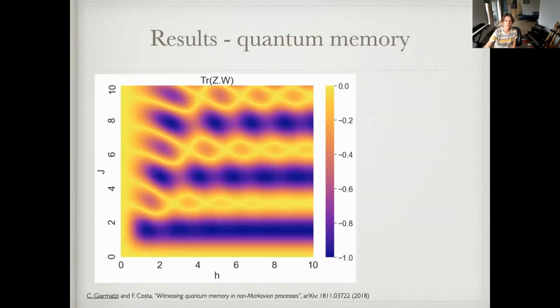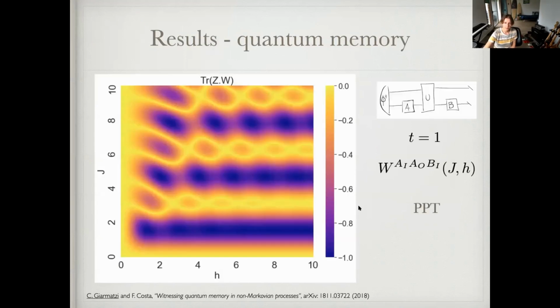So what we did here is that we set the interaction time equal to 1. We took a process for every J and H. So J the interaction and H the strength of the magnetic field. And here is a heat map.